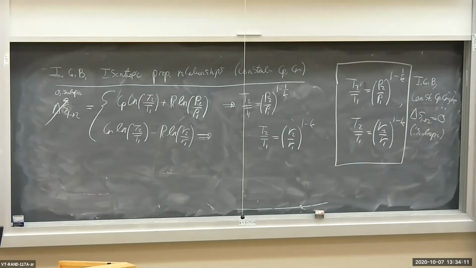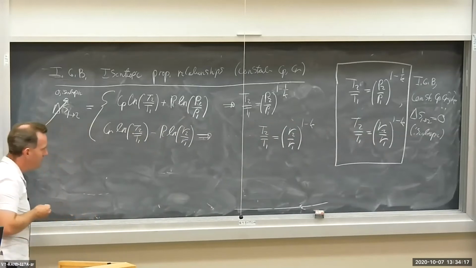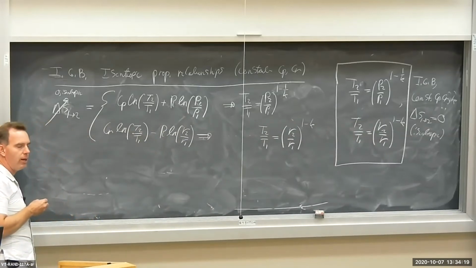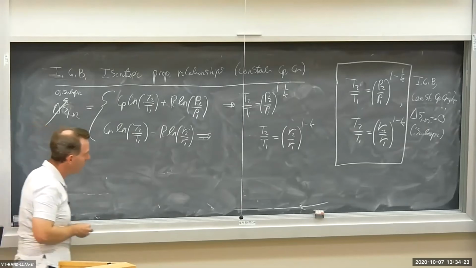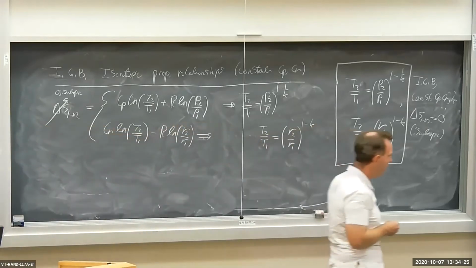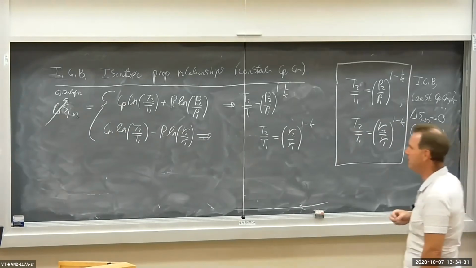Sorry about that. And then we did the same thing with the second property relationship. We had T2 over T1 equal to V2 over V1 to the 1 minus K power, okay? So these are both valid for constant specific heat, delta S equals 0, isentropic process, IGB, okay?